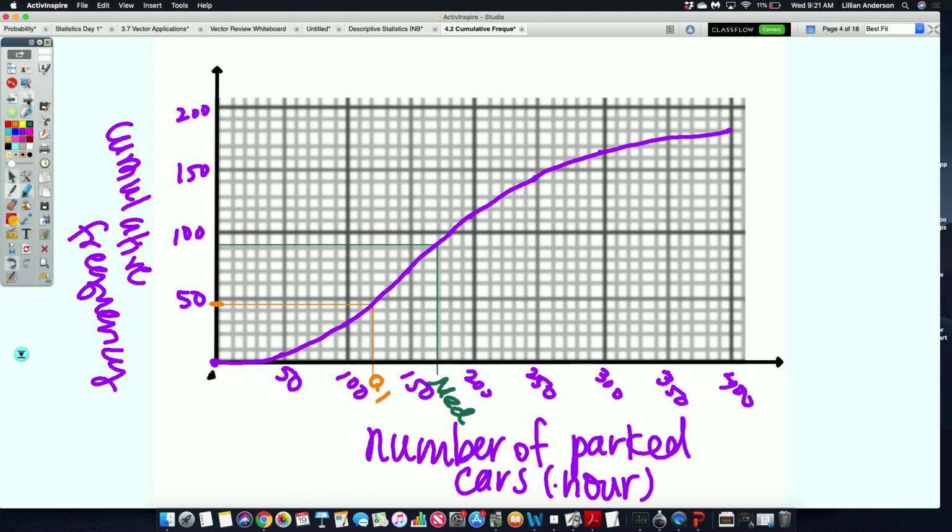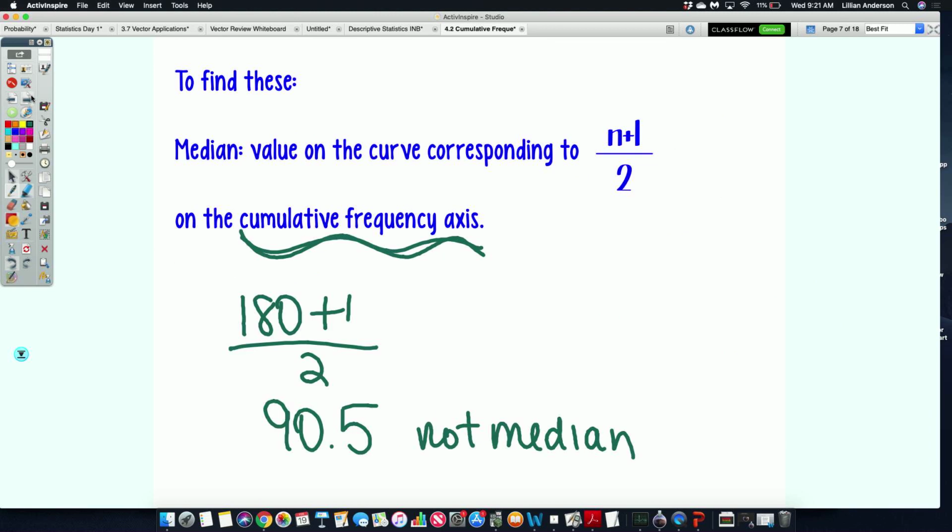So the formula to find your median is n plus 1 divided by 2. N represents your total frequency, which you get from your frequency table. 180 plus 1 divided by 2 is 90.5. This value is where you go on your cumulative frequency axis to locate your median.